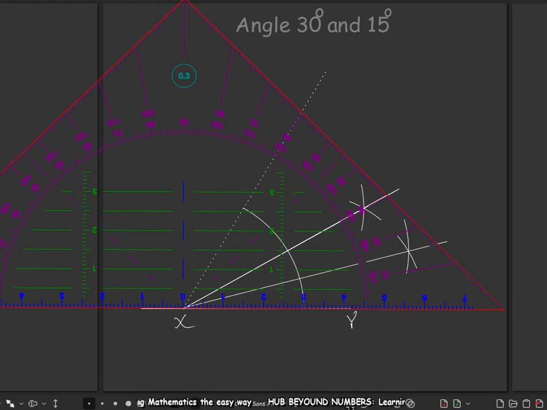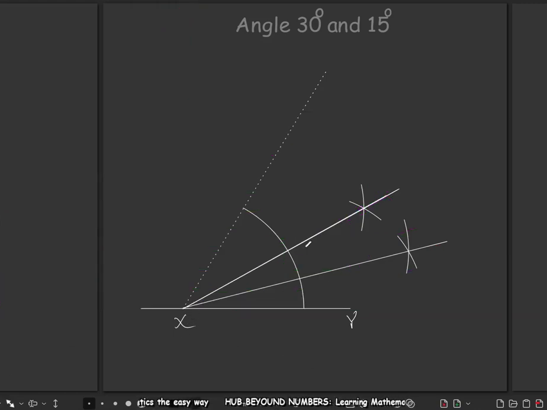165. So let me just write this down. So this angle here, this initial one, we said is 30, right? So it is 30 degrees. But if we measure from this side, then it is actually 150 degrees, right? And also, this small angle here, we said it was what? 15 degrees.